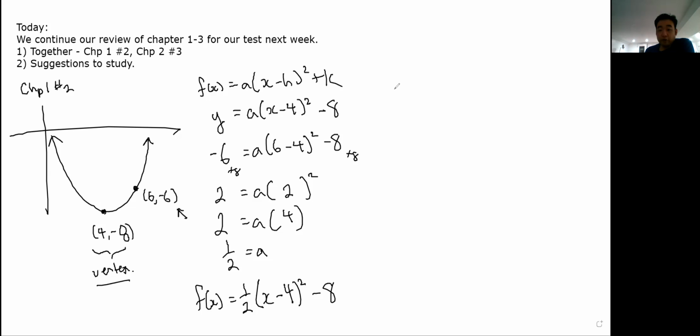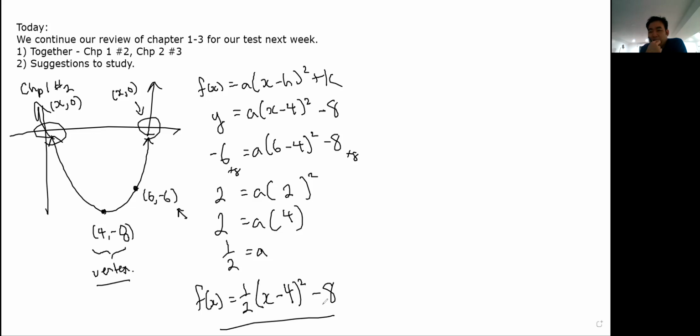All right. From here, the question says, find the roots for me. In other words, tell me where it crosses the x-axis. What would you do? I have an equation in vertex form, and I want to find the x-intercept.